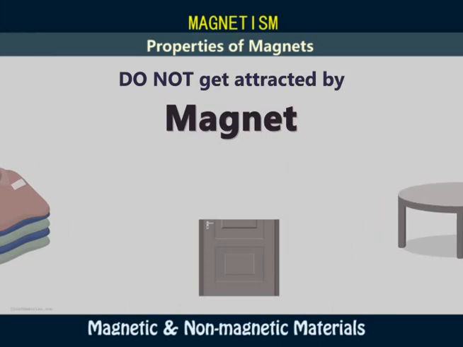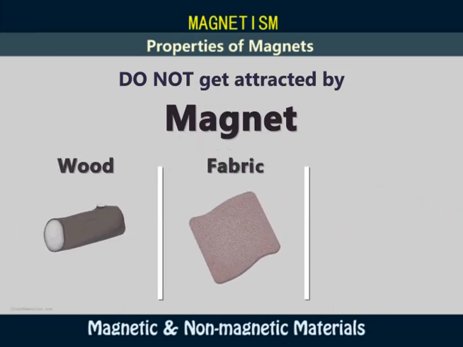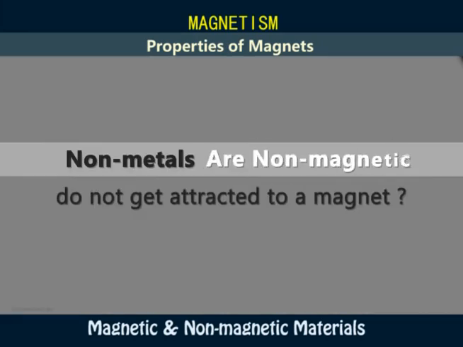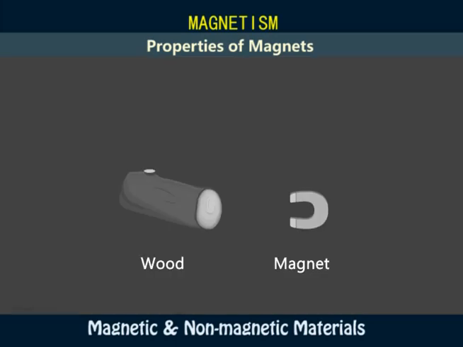Or more specifically, wood, fabric, and plastics do not get attracted to a magnet. You will notice that these materials are non-metals. You wouldn't find any non-metallic object attracted by a magnet. So non-metals are non-magnetic materials. Non-magnetic means if you bring a magnet close, it will not stick to it.